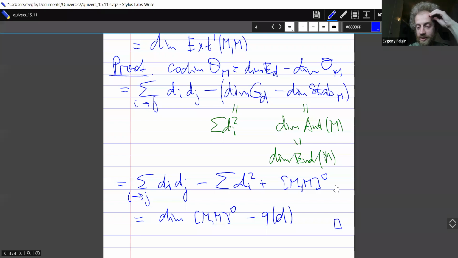Now, what's the difference between endomorphisms and automorphisms? The only thing is that we insist that automorphisms have to be invertible, right? So this means that each map has to belong to GL of Gi.